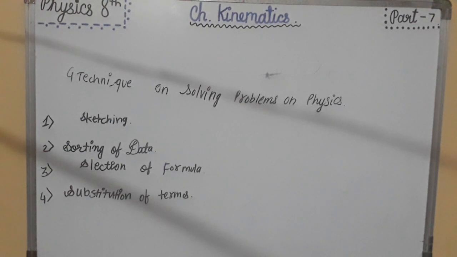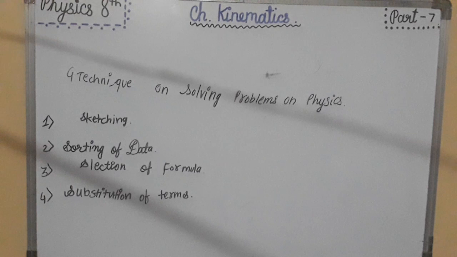Note that before we substitute, we should make sure that all terms are in the same system of units. Example, if mass is given in CGS unit and volume in SI units, both mass and volume should be in the same system of units. That is, both should be either CGS units or both should be in SI units.